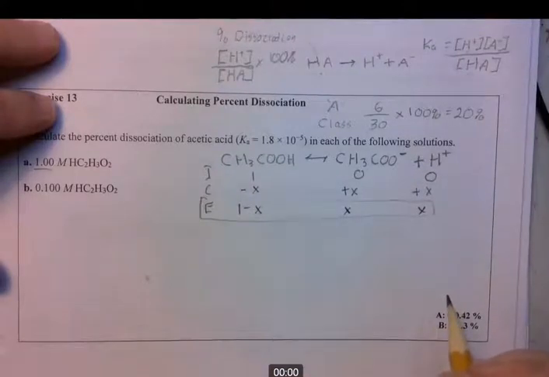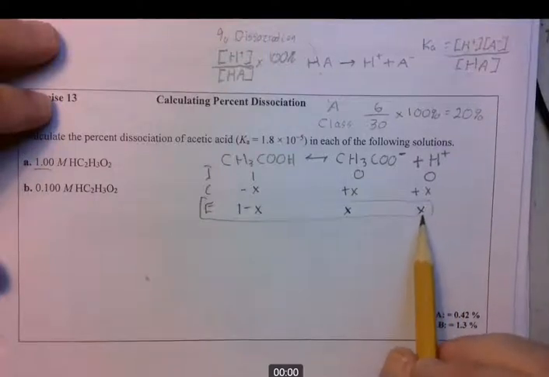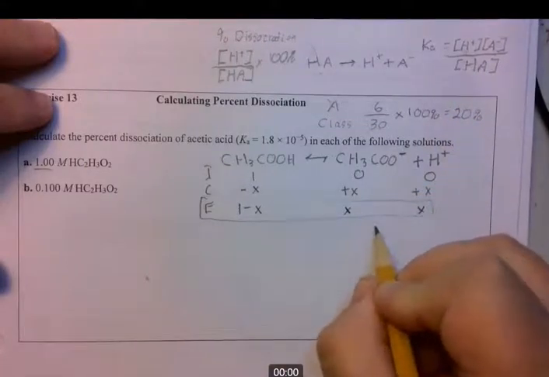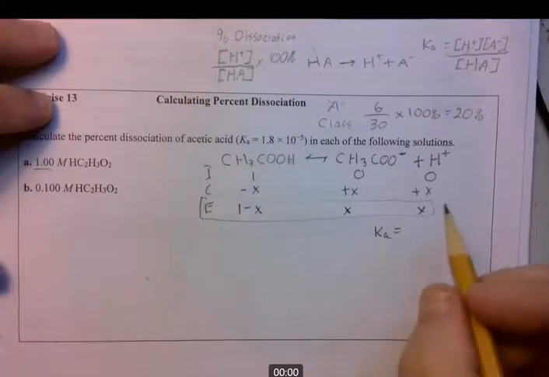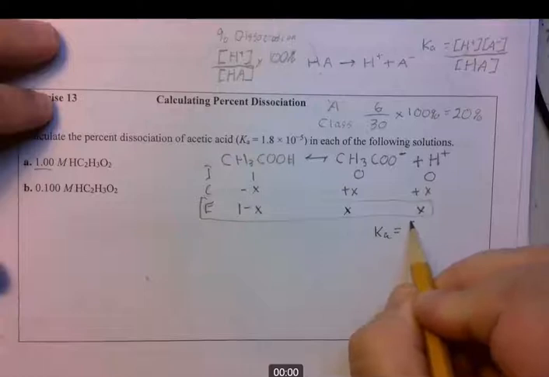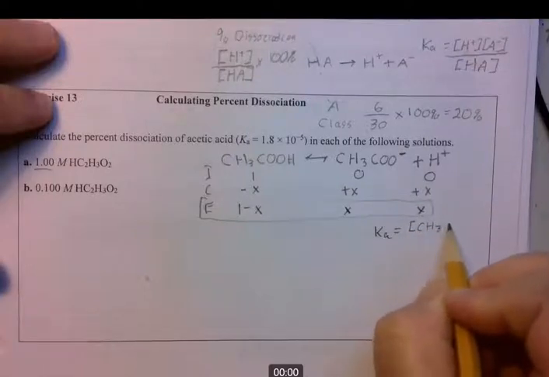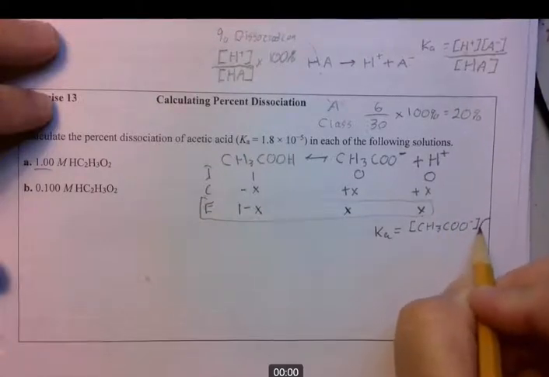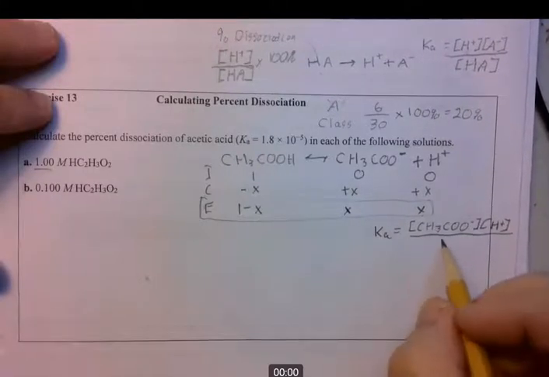Now, what we're going to do is figure out what that X is. So we do have to go ahead and use this equation. Ka equals the acetate and the hydronium over the acetic acid.